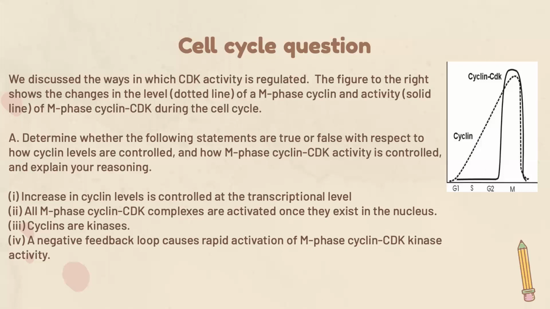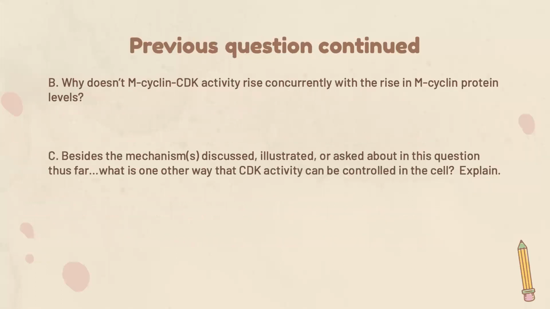And then active CDK can also phosphorylate WEE1 and inhibit it, which prevents WEE1 from adding that inhibitory phosphate on CDK. So this is a positive feedback loop, not a negative feedback loop, because activation of CDK leads to activation of more CDKs, which is why the CDK can increase so rapidly. A negative feedback loop would be if it makes less of it or stops it.